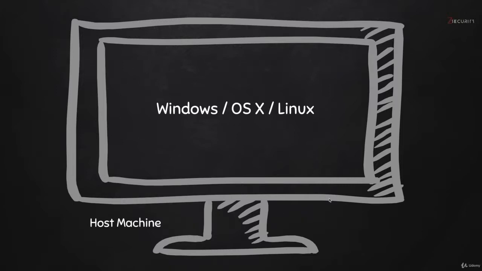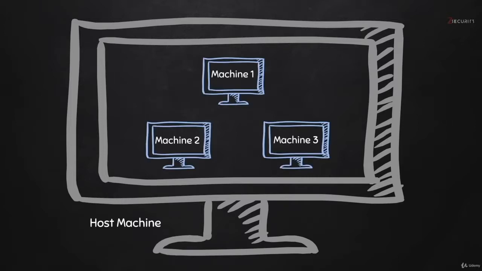So let's say you have your computer right here. This is your main computer that you use every day to check your emails or even to watch this course. This computer might be running Windows, OS X or Linux. It doesn't really matter. It can run any operating system. You can keep all the programs that you love and like and install a virtualization software such as VirtualBox.